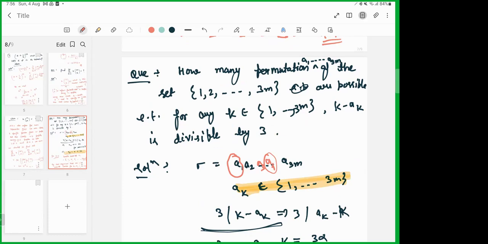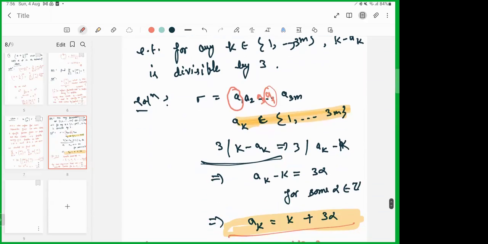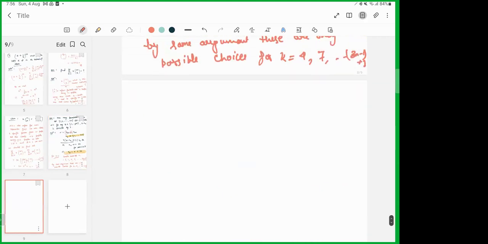We have m choices filtered out, right? So for A1 we have m choices. Similarly for A4, but once we fix the first slot by some number, then for A4 we have m minus 1 choices, and so on.